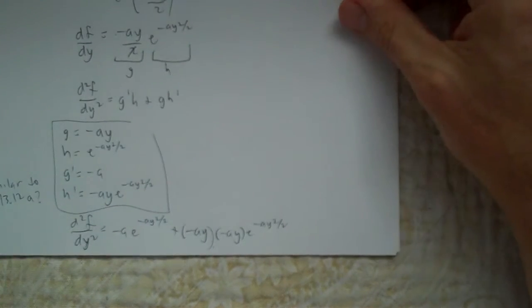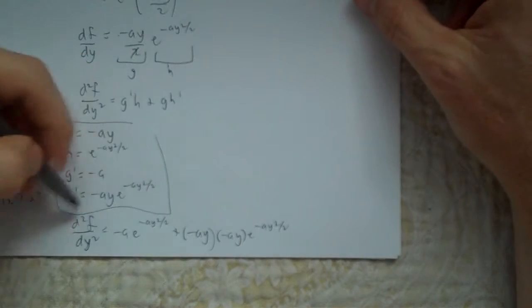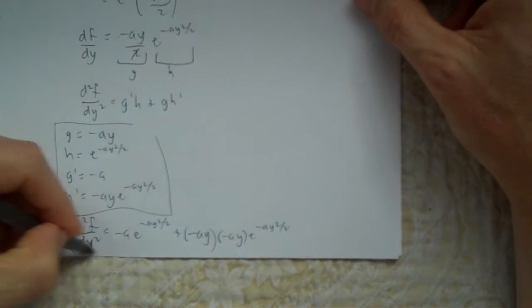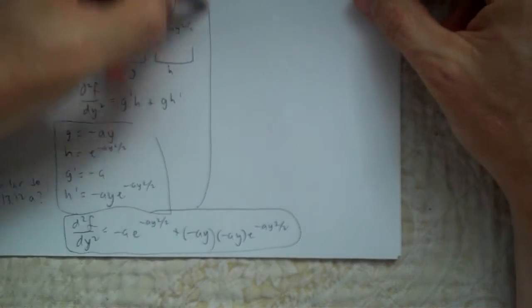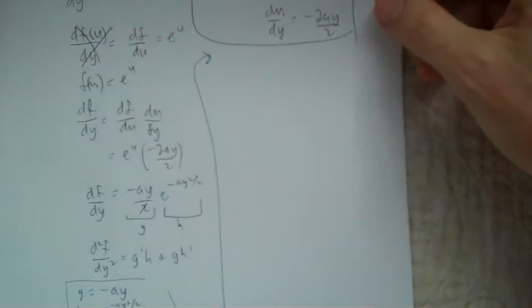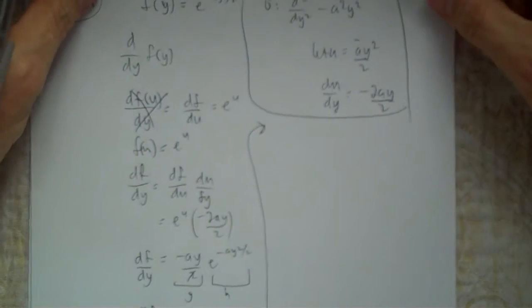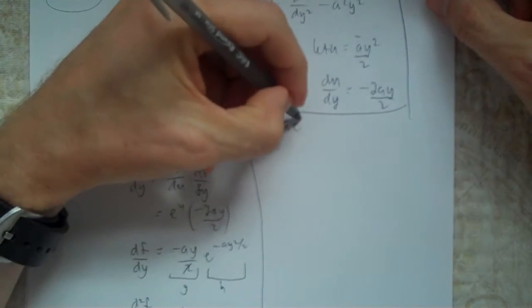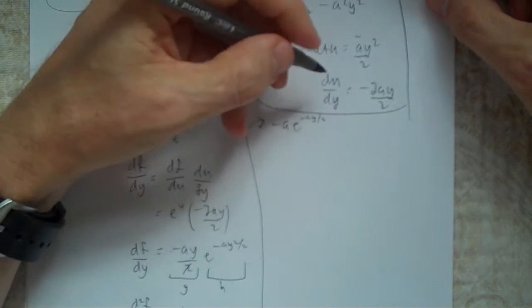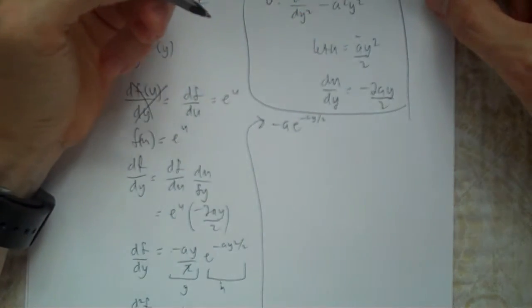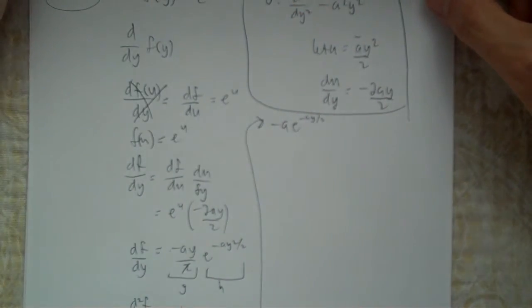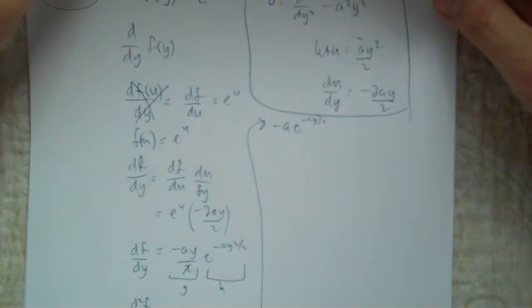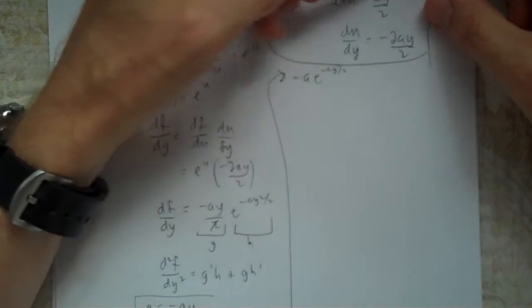Okay. Still not done here. This is sort of a mess still, so I'm going to bring it up here. I'm running out of space down there, and I'm going to say this is minus a e to the minus ay squared over 2. Oh, I got a problem. Wait, maybe I don't. I'm not sure if I lost that 2 somewhere.